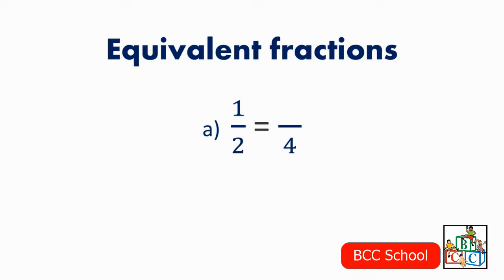I need to make half equal to something over 4. How will I know by which number I need to multiply? Quel chiffre je dois multiplier 2 pour avoir la réponse 4? Remember, to make any fraction equivalent to the other, we need to do either multiplication or division.